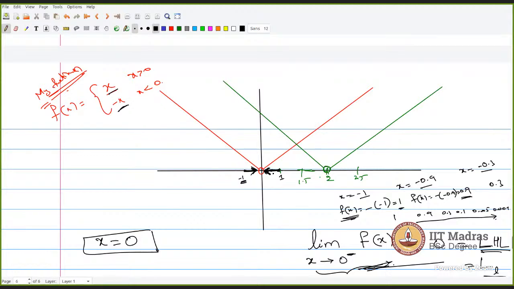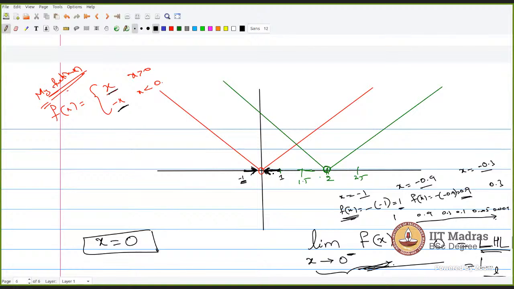Exactly. But in this function, tangent is not defined. It doesn't exist for a straight line. I mean, every point is a tangent in a straight line. So that is why I say, don't think about that.